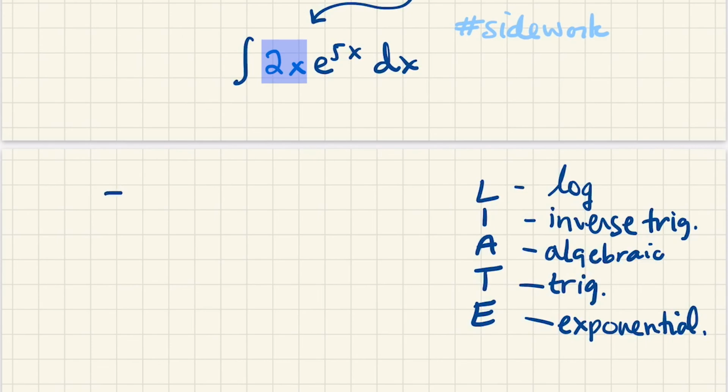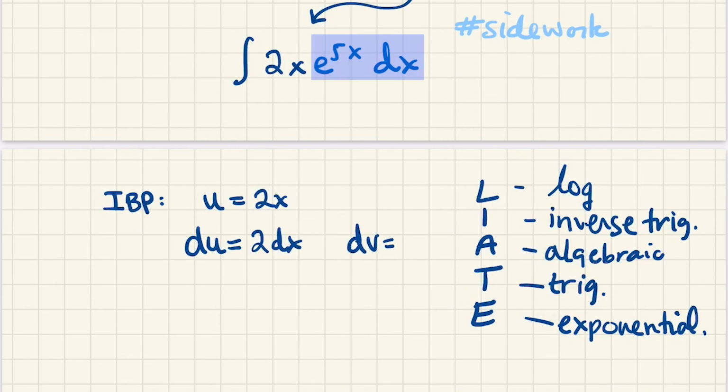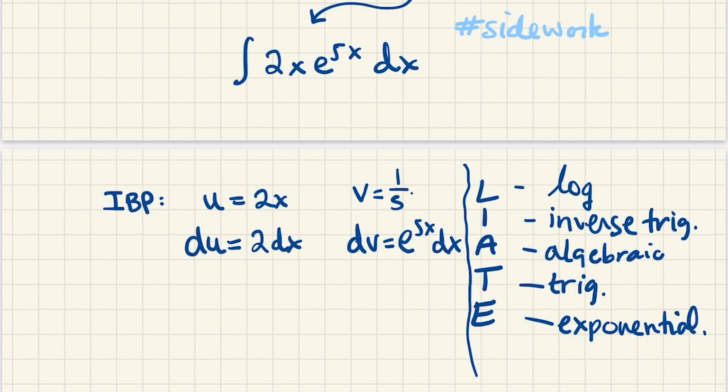So for integration by parts, we will let u be 2x. So our du is 2dx, and our dv is what we did not choose for u, so that would be e to the 5x dx. And so our v will be the antiderivative of that, which is 1/5 e to the 5x.